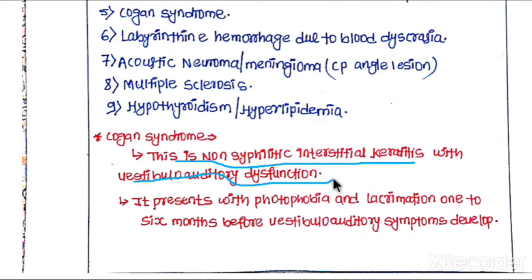It presents with photophobia and lacrimation 1 to 6 months before vestibulo-auditory symptoms develop. That is, vestibulo-auditory symptoms like vertigo, tinnitus, and sensorineural hearing loss occur later on in Cogan syndrome, maybe after 6 months.